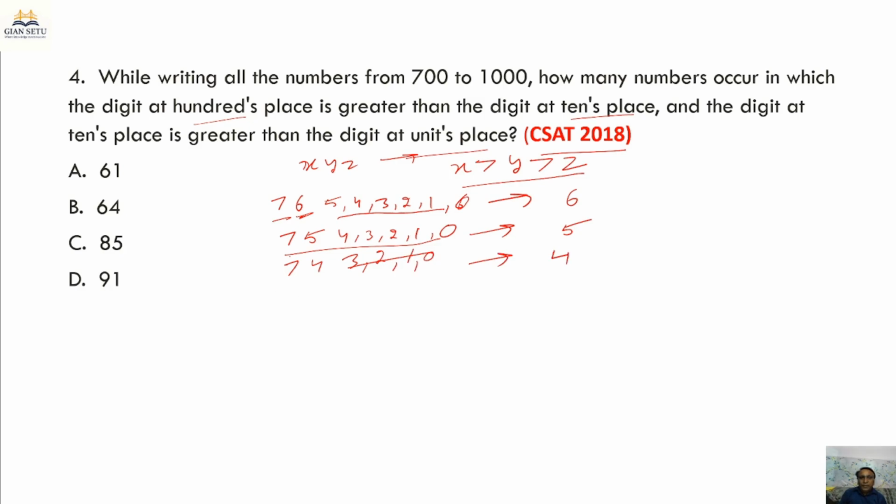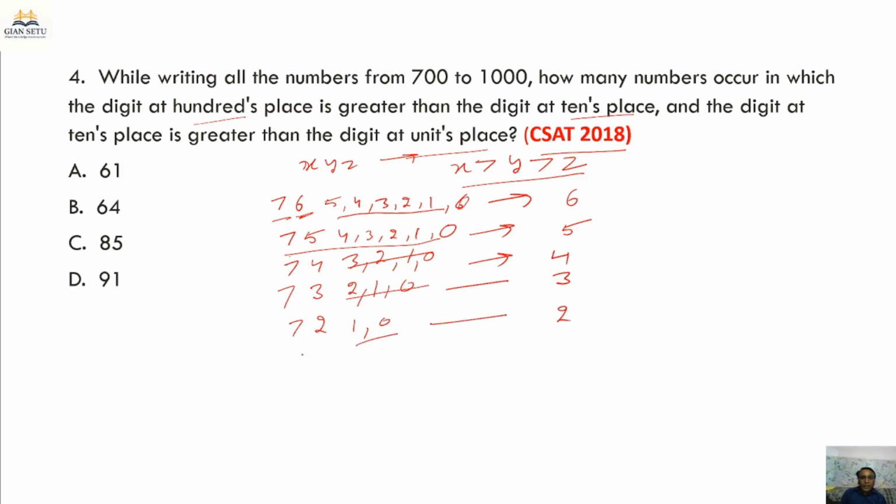Similarly, if we have 7 at hundreds place and 3 at tens place, then at units place we can have 2, 1 and 0. That means 3. If we have 7 and 2 at tens place, then we can have 1 or 0 at units place, which is 2.